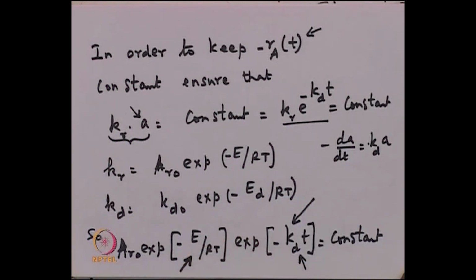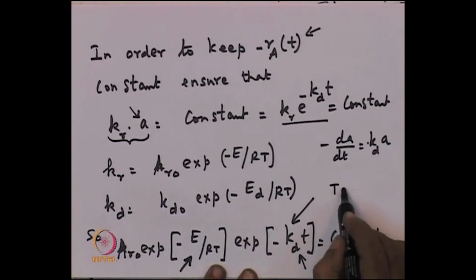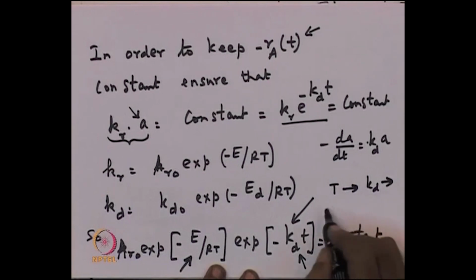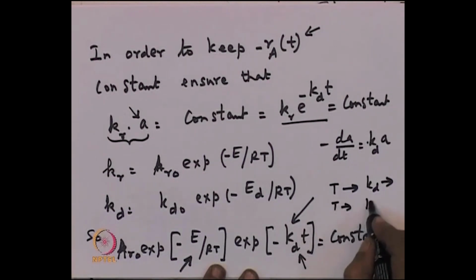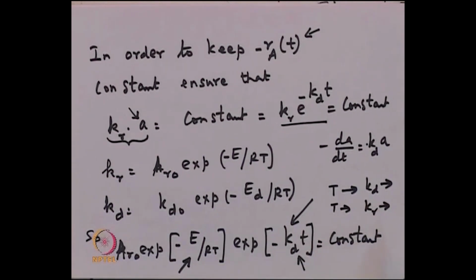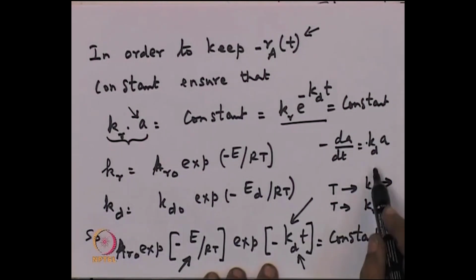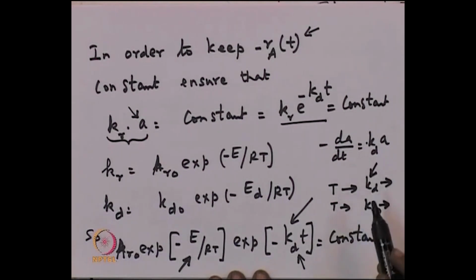Let me state this once again. We know that as temperature rises, Kd increases, and also as T rises, Kr also increases. But what seems to happen in real life is that the increase in Kr0 because of temperature is generally much larger than the effect of Kd on the decrease in the activity of the catalyst.